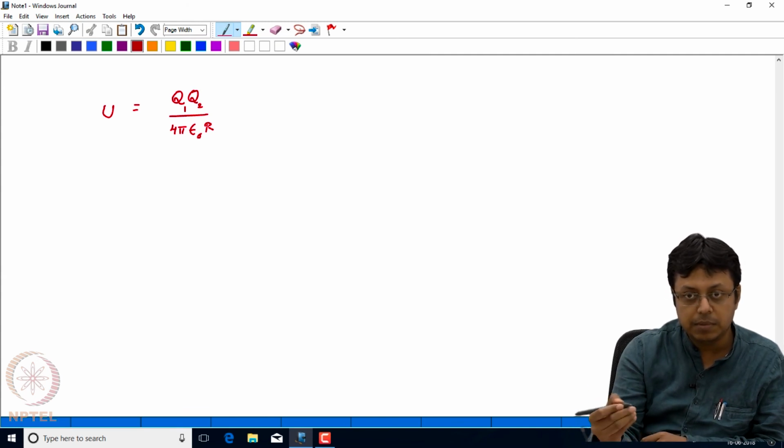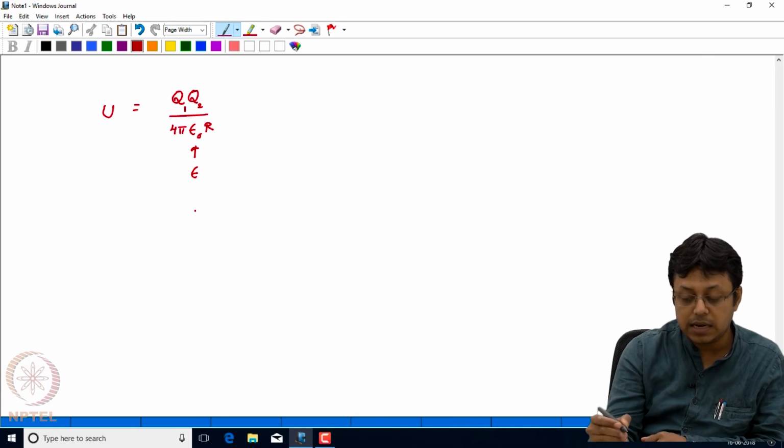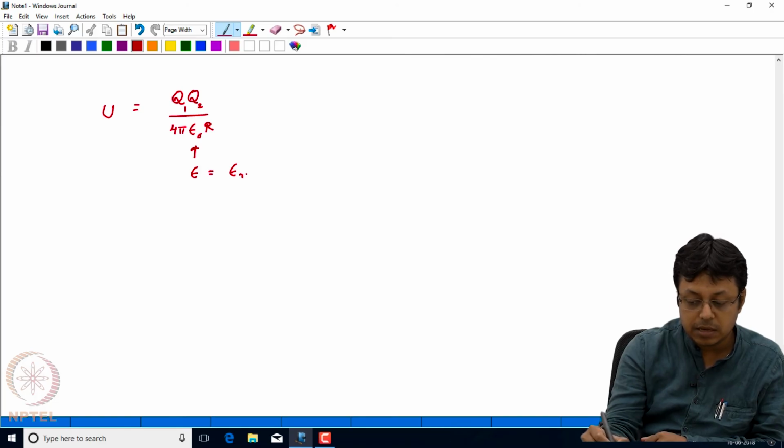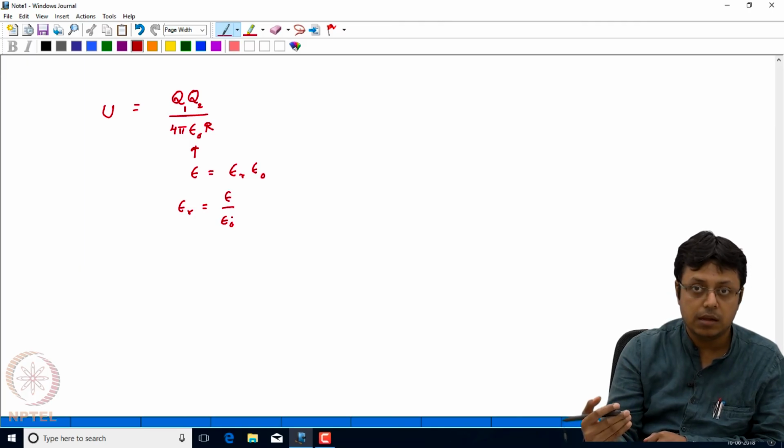Now, in a medium, I have to replace this epsilon 0 by epsilon, where I can write epsilon as epsilon r times epsilon 0, where epsilon r is the relative permittivity. It is a unitless quantity that tells me the permittivity of the medium with respect to the vacuum, and that you already know.